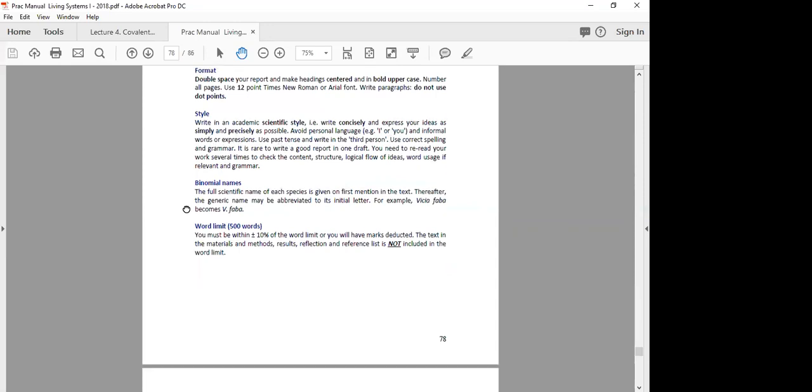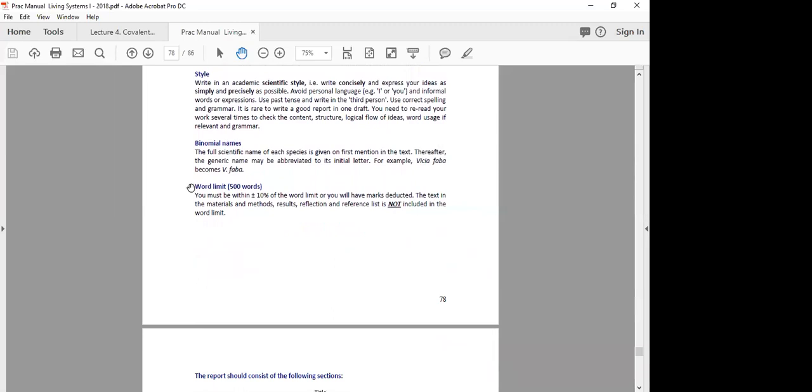All right, the word limit. This is an important point here. The word limit is 500 words, but the 500 words is only counted from two sections of your report. That is from the introduction and aim section and also from the discussion conclusion section.